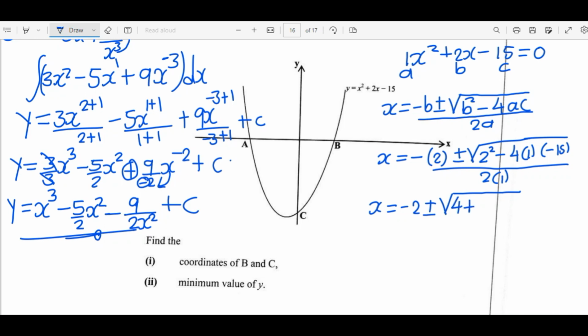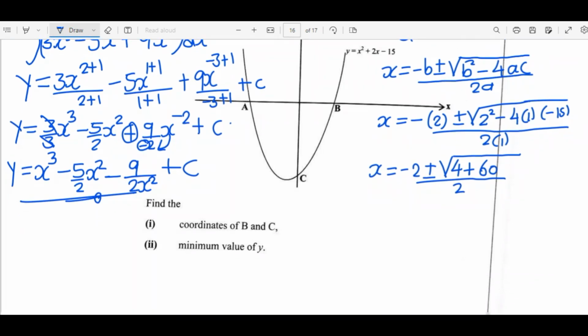Negative times negative is positive. 15 times 4 is 60, divided by 2. So let's find the sum of 4 and 60. 60 plus 4 is 64, divided by 2. We can now find the square root of 64, which is 8 over 2.